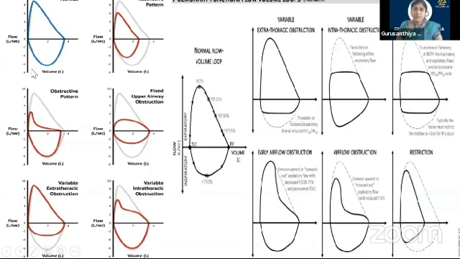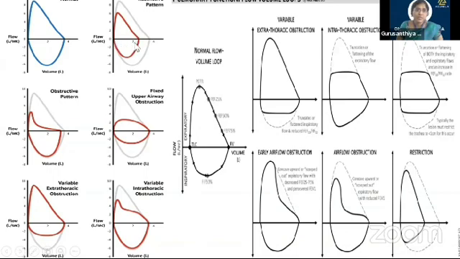So then comes the restrictive pattern. In restrictive pattern, as I've said earlier, FEV1 is reduced, FVC is reduced, total lung capacity is reduced, residual volume is reduced, all of it are reduced. So as you can see, this is the normal graph. Here, the total lung capacity itself has decreased close to, say, this is 3.